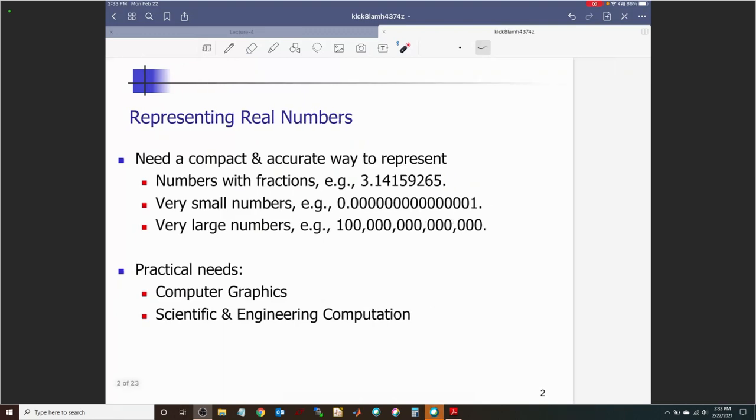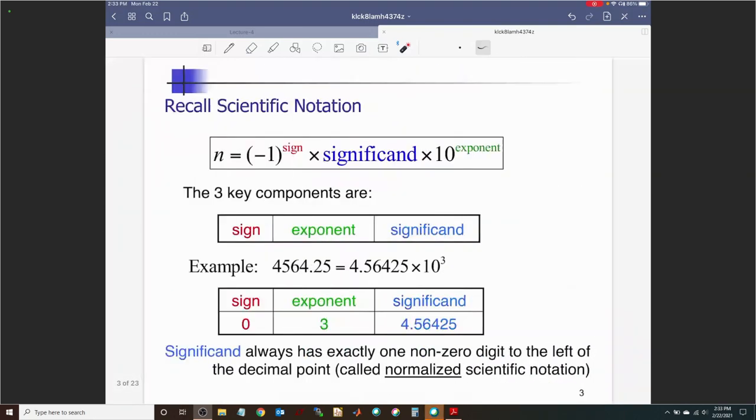So let's recall the scientific notation. And this is not for binary. Right now, we are sort of talking about things in the decimal world, right? So the world in which everything is straightforward, we are talking about decimal things, which is kind of obvious when you look at this particular number there, 10.